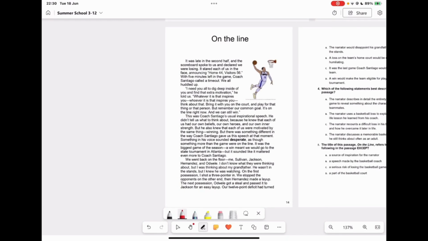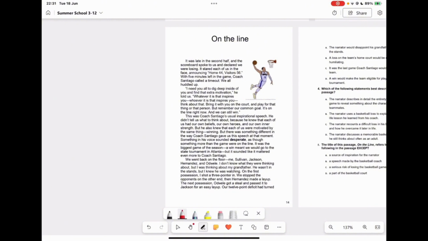Something in his voice sounded desperate, as though something more than the game was on the line. It was the biggest game of the season. A win meant we would go to the state tournament in Atlanta. But it sounded like it mattered even more to Coach Santiago.